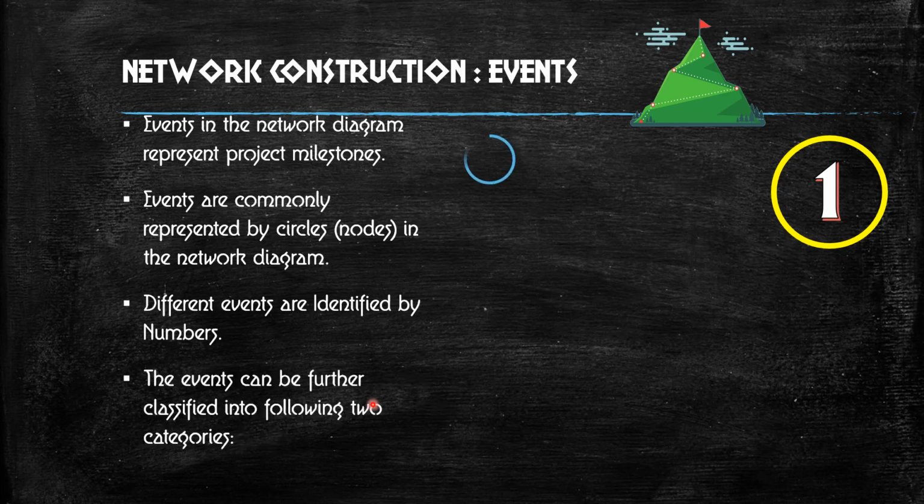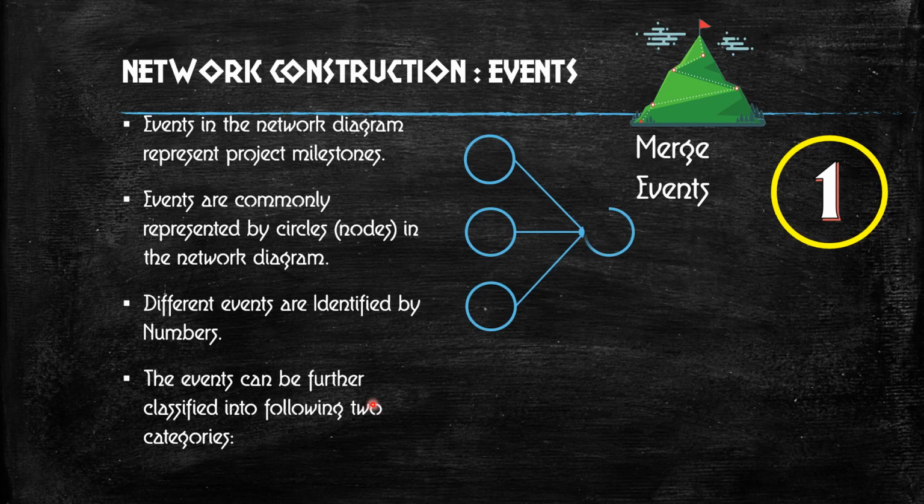Events can be further classified into the following two categories, and you have other names to address different types of event. Suppose one or more activities, that is, more than one activity, merge at a particular event.